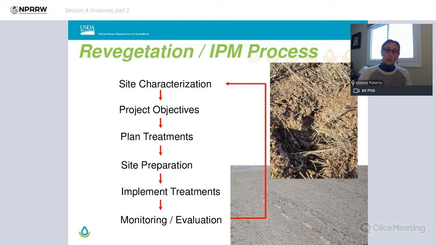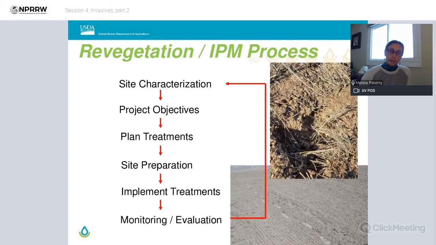The next thing I like to do is to really outline our project goals and objectives. And I do that after looking at the site characteristics, because by knowing what the site is capable of, we then can pick objectives that are going to be more attainable. And that's going to be really important.